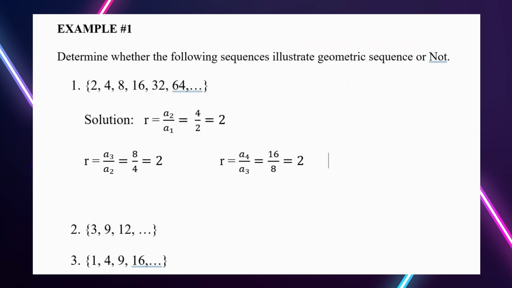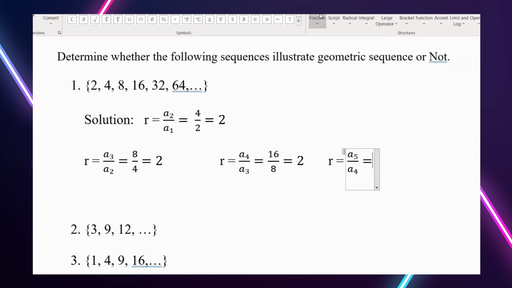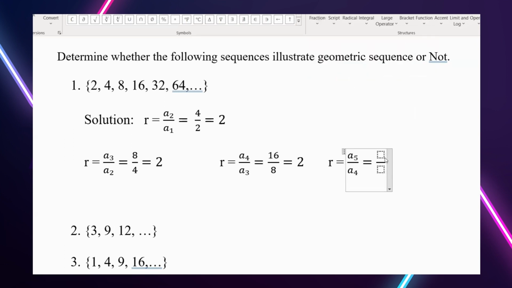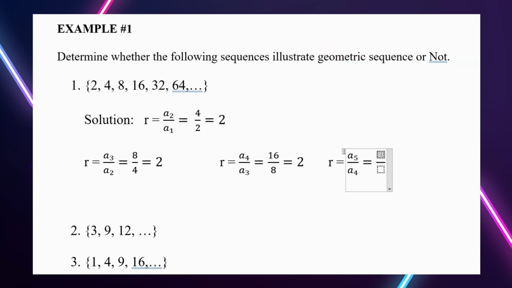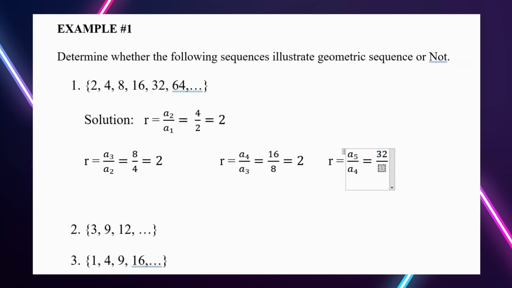Next, we have a sub 5 divided by its preceding term, which is a sub 4. So the value of a sub 5 is 32. And the value of a sub 4 is 16. 32 divided by 16 is equal to 2.